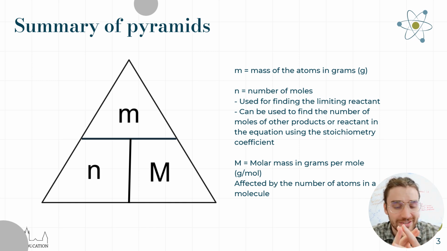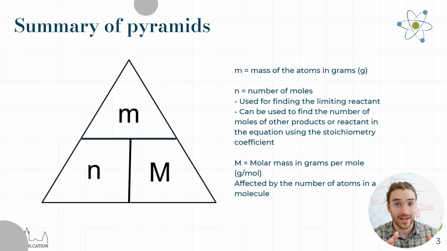We'll get to this as well. When it comes to the molar mass, it's affected by the number of atoms in a molecule as well. Those small little numbers that we see next to atoms that tell us how many atoms there are count as part of our molar mass for a molecule.